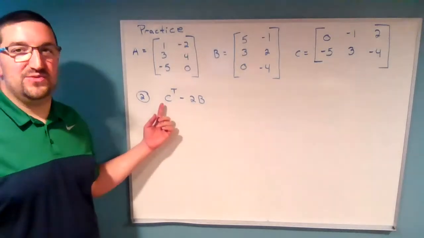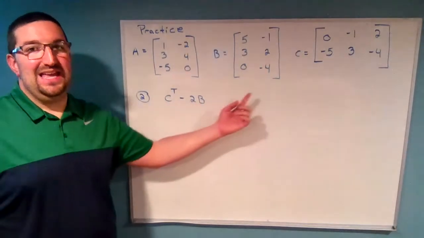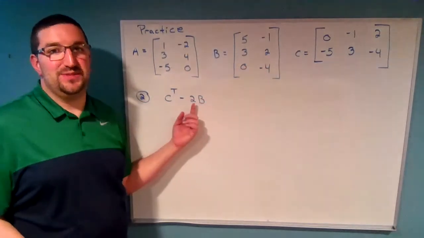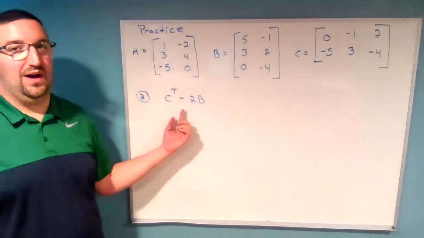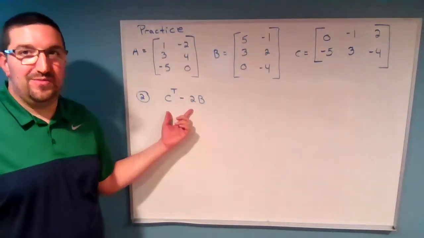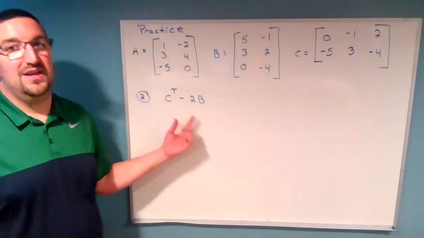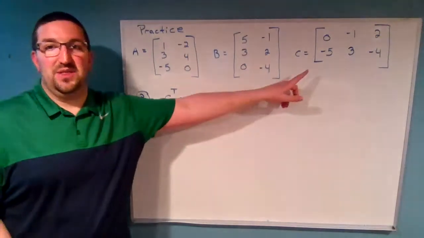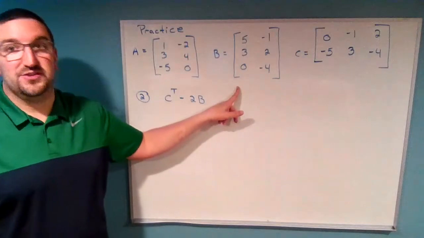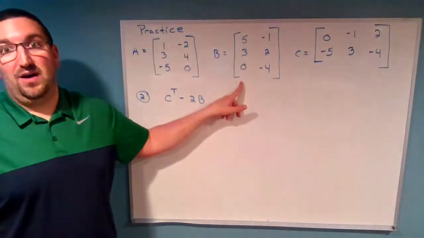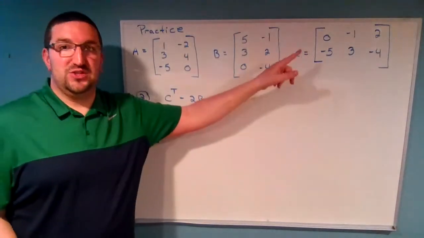I have to transpose C. If I didn't use the transposition of C, I wouldn't be able to subtract these together because they wouldn't have the same dimensions, right? B is a 3 by 2 and C is a 2 by 3.